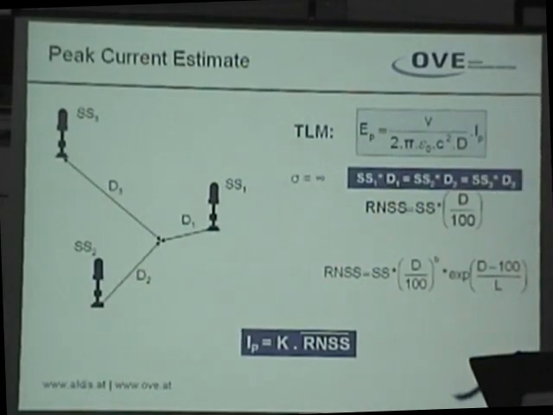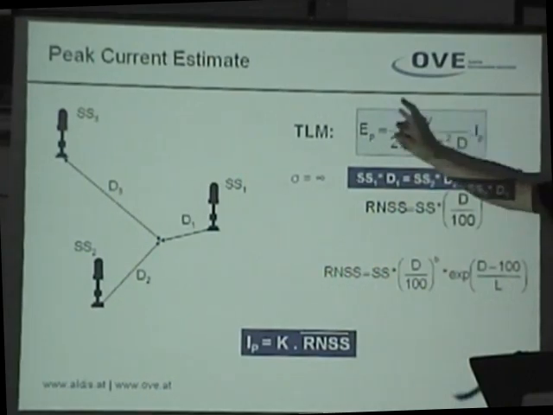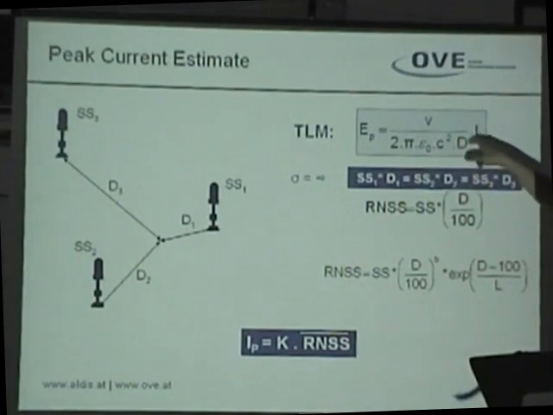Normally, in theory, if you look at the transmission line model, the peak current is proportional to the field with 1 over r, 1 over distance. So because you have different distances, you have to normalize the signal strength detected by the sensor with the distance.